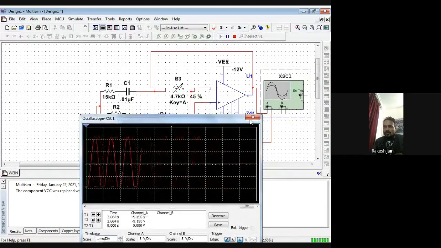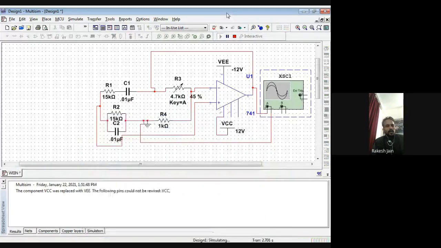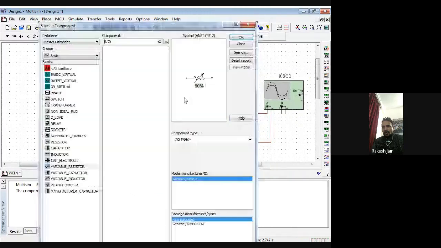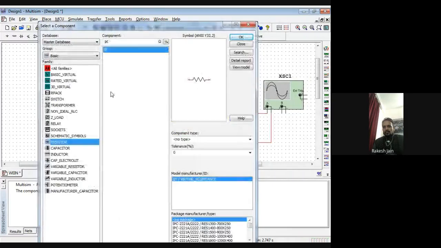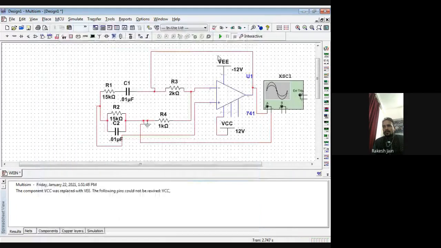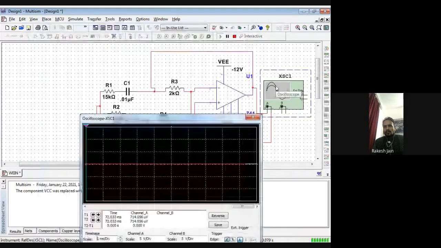Now just stop this simulation and then again replace the component by a resistor of 2k. Yes, then we check this.